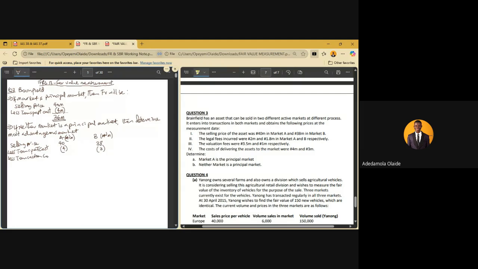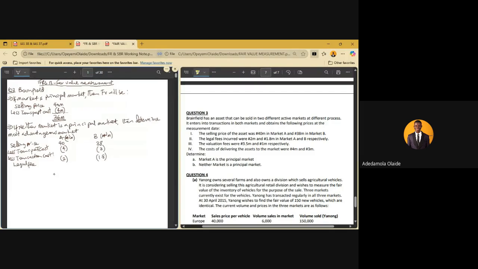What are the transaction costs? Legal fee, which is 2 million in market A, 1.8 million in market B.